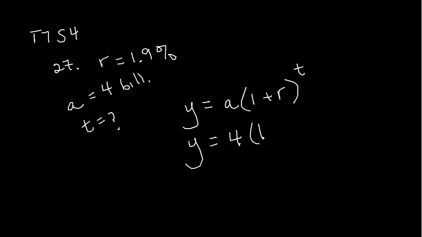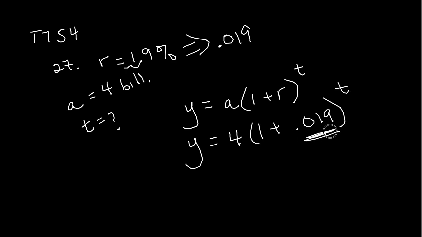And then you're going to have 1 plus, just remember when you change the rate, you're going to move your decimal over 2 places, so it's going to be 0.019 to the t. Just make sure whenever it's rate that you do that, and you'll get these right. They're not hard.